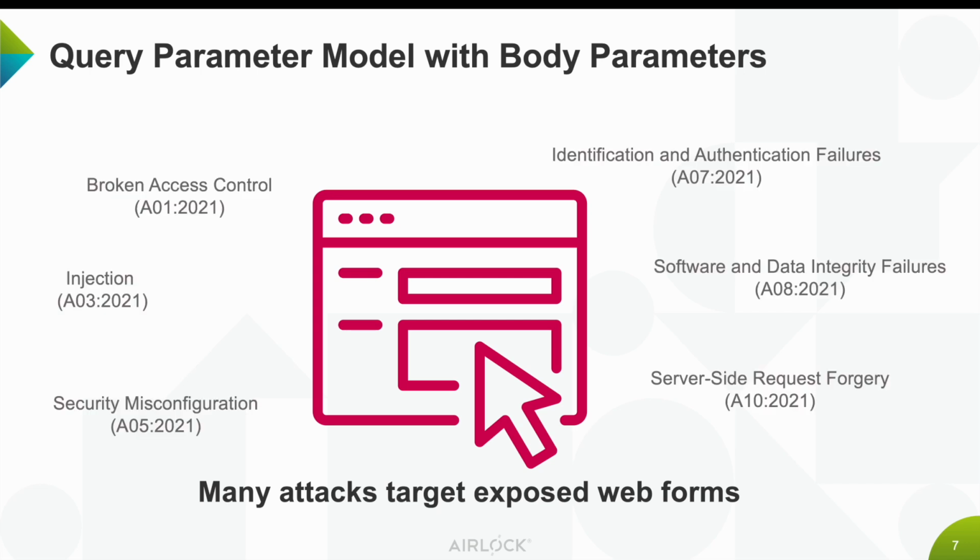I did a little bit of research on the OWASP top 10, and of the 10 OWASP top 10 attacks, about 6 can actually profit from exposed web forms in some form or other. It's not just the injection attacks and the identification and authentication failures, but many other attacks also can profit from exposed web forms, and that's why we decided that exposed web forms are a problem, so we're going to protect them.